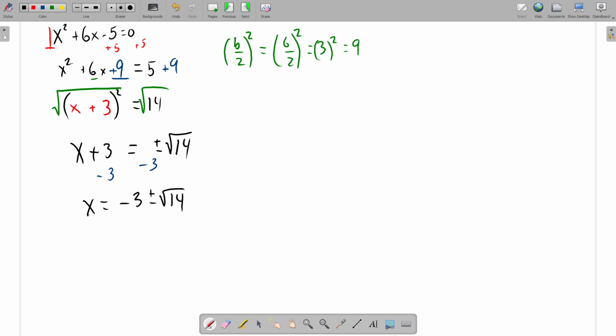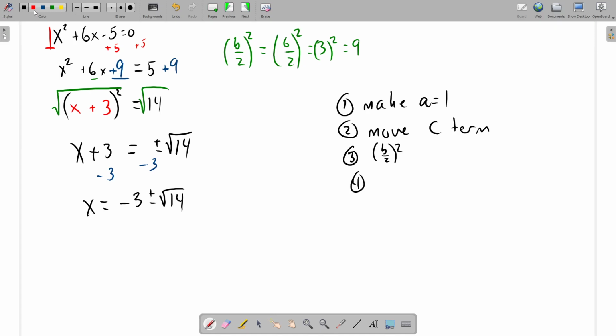So what were the steps? First thing we did is make a equal to 1. The second thing we did was move the c term. The third thing we did was b divided by 2 squared.